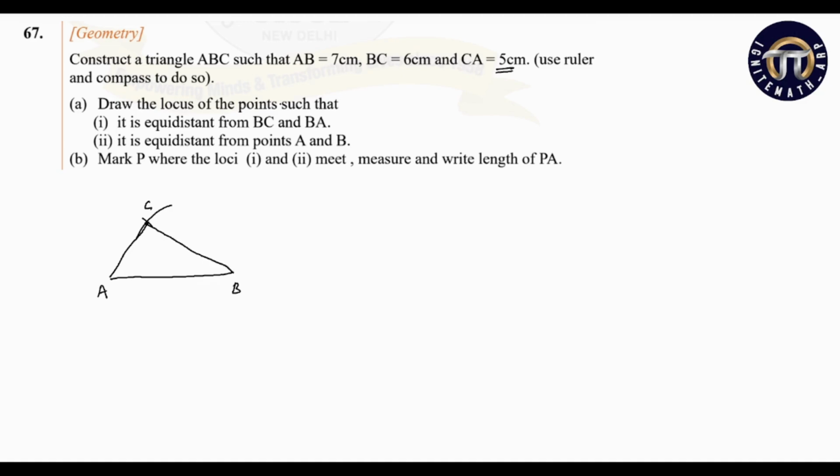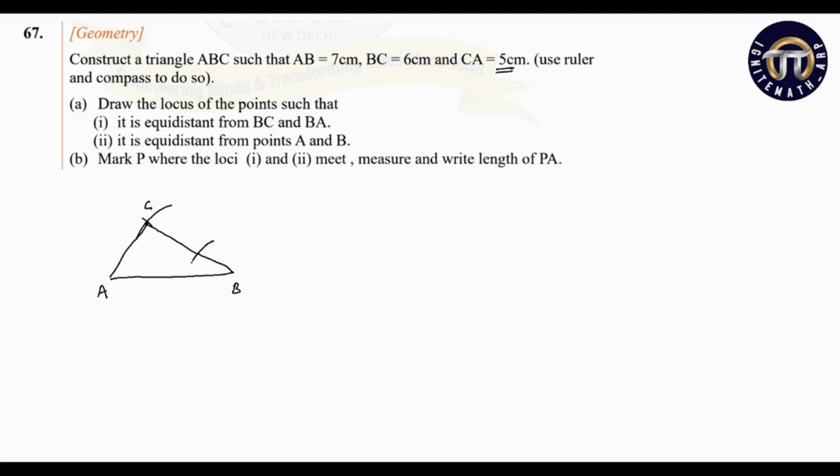Draw a locus of the point such that it is equidistant from BC and BA. You must know, children, whenever you draw the locus of a point which is equidistant from two lines, it should lie on the angular bisector of the angle made by those lines. So I will draw the angular bisector of angle ABC.